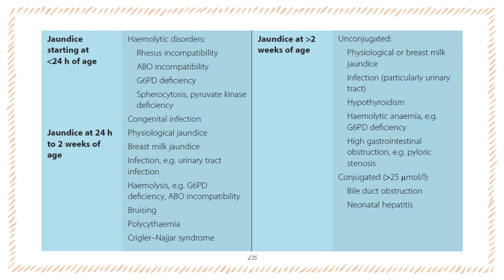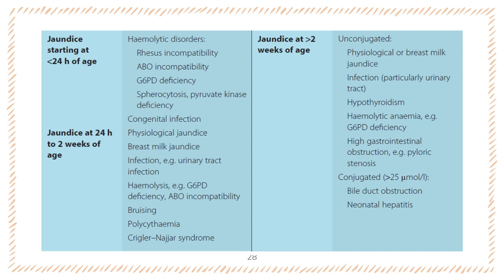And then when we come to the time period of 24 hours to 2 weeks of age, here we can entertain the possibility of physiological jaundice, and still the causes within the first 24 hours of age can be responsible, like infection, hemolysis, and other conditions such as breast milk jaundice, which we'll all discuss in the coming slides.